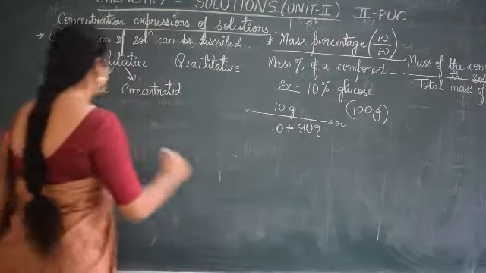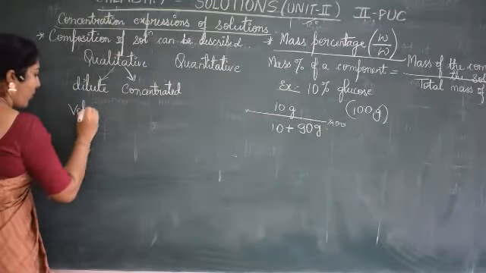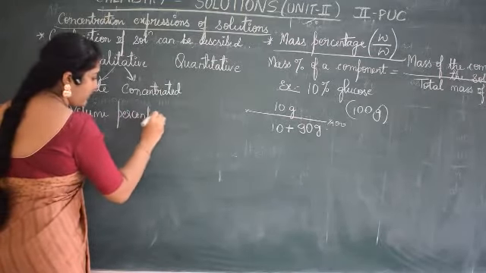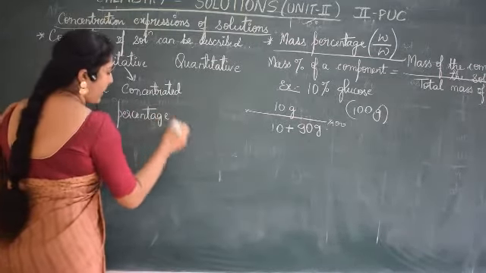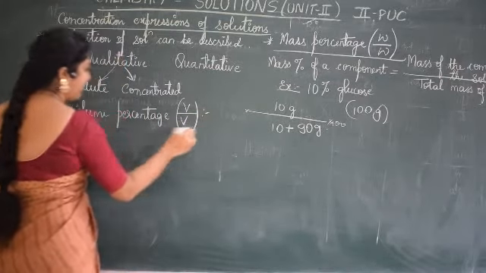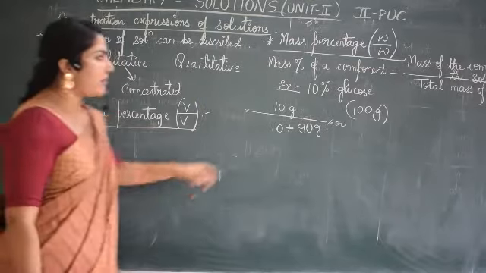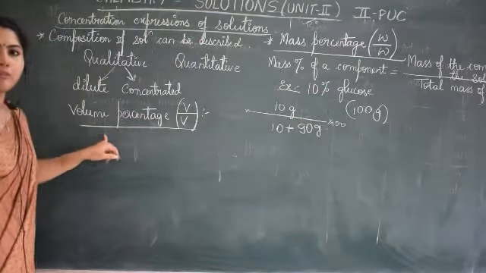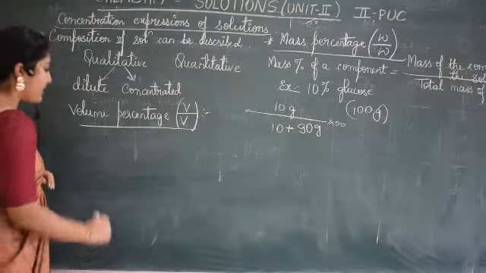Hope it is clear. The next one is volume percentage. Volume percentage is given as V by V. Again, here it was in terms of mass, and here it is in terms of volume.